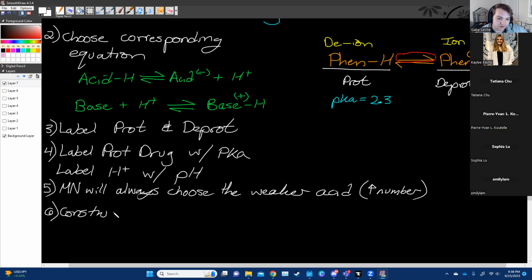So we're going to construct our number line. So we would have 0 all the way up to 14.